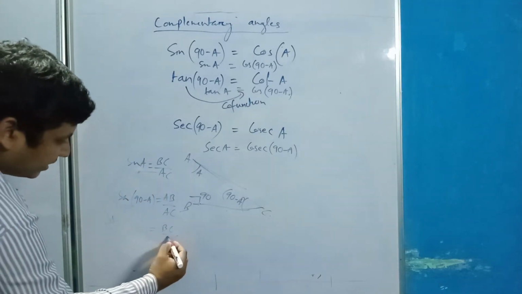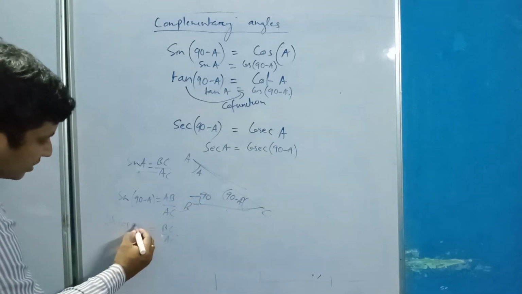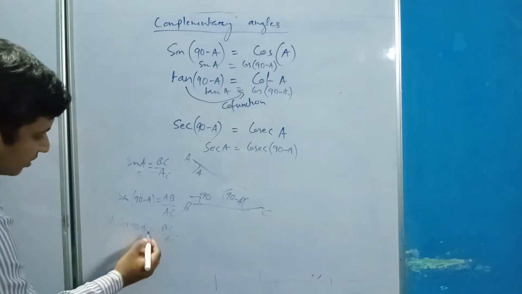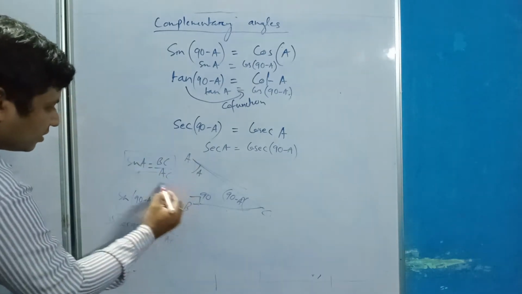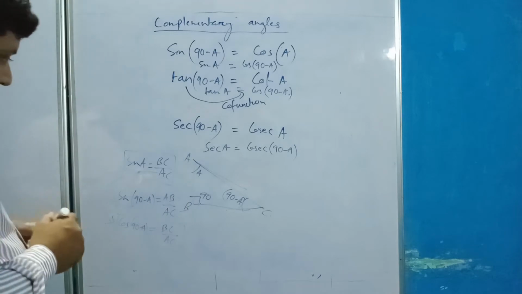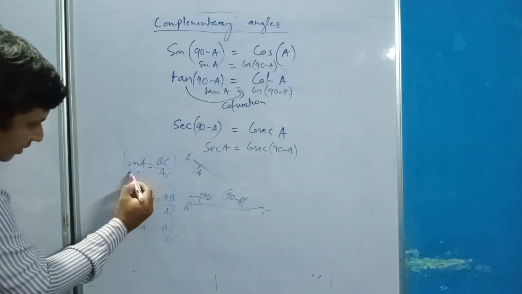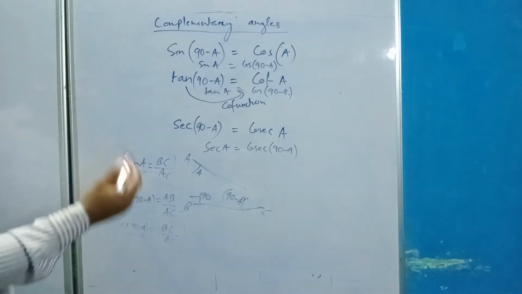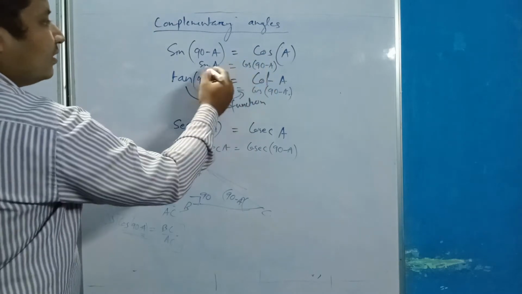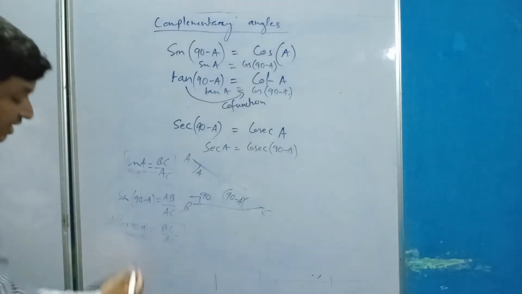BC by AC means it is cos 90 minus a. So now you can compare this one and this one, and you will always get sin a equals cos 90 minus a. That's how it is proved. It can be proved likewise for the others.